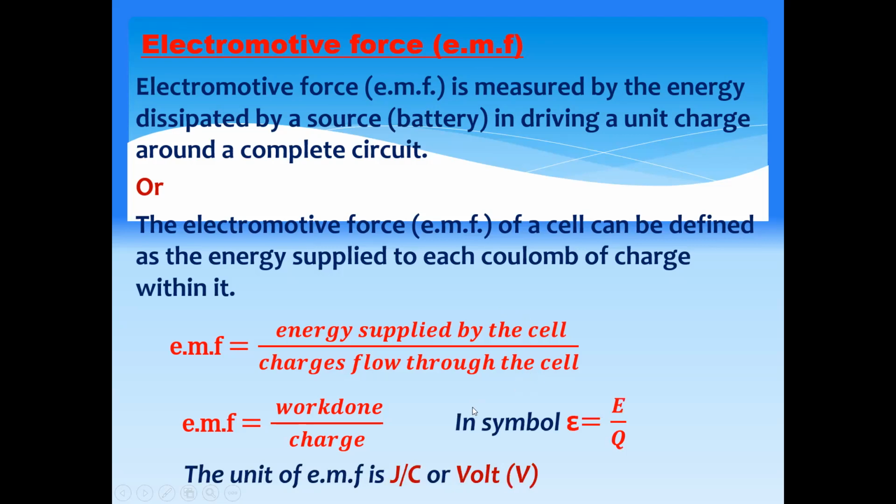The symbol for EMF is not E, it is the Greek letter epsilon. And the unit is joules per coulomb, or we can also say volts. So joules per coulomb, or volt, is the unit of EMF, or electromotive force.